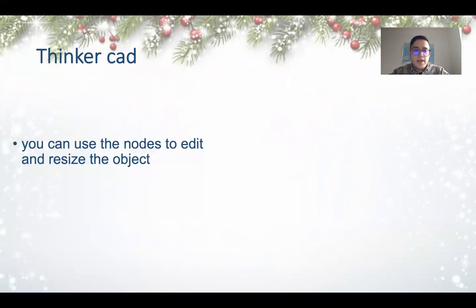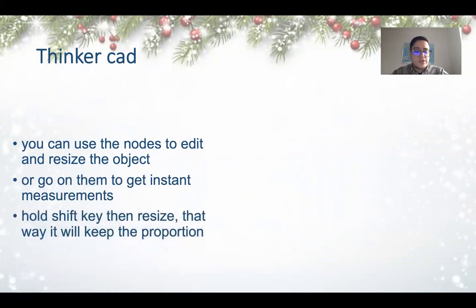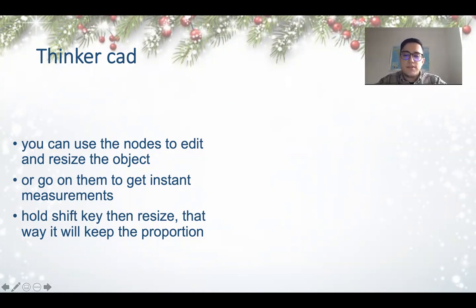In Tinkercad, you can use the nodes to edit and resize the object or go on them to get instant measurements. Hold the Shift key on your keyboard, then resize. That way it will keep the original proportion of your object.